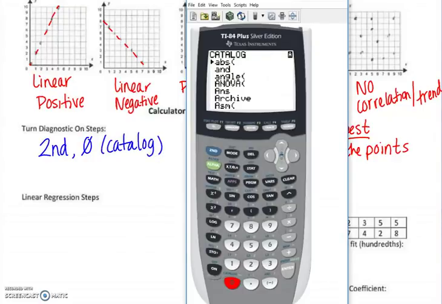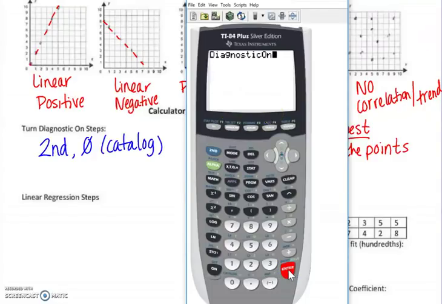Okay? That's what I did. And this part's annoying, but you're going to go all the way down to diagnostic on. Which you can do faster in your calculator. My calculator takes forever. We only have to do this once, though, at the very beginning. So, all the way down until we see diagnostic. Let's see. Keep going. Alright, we have diagnostics off, and if you go down one, that's diagnostic on.